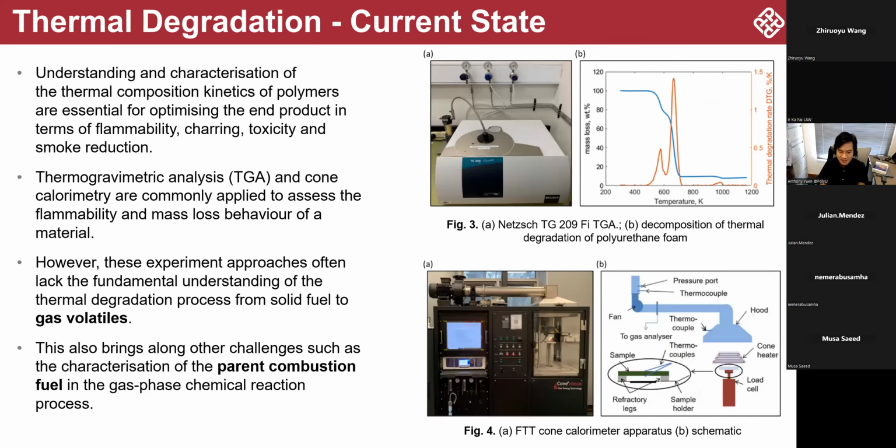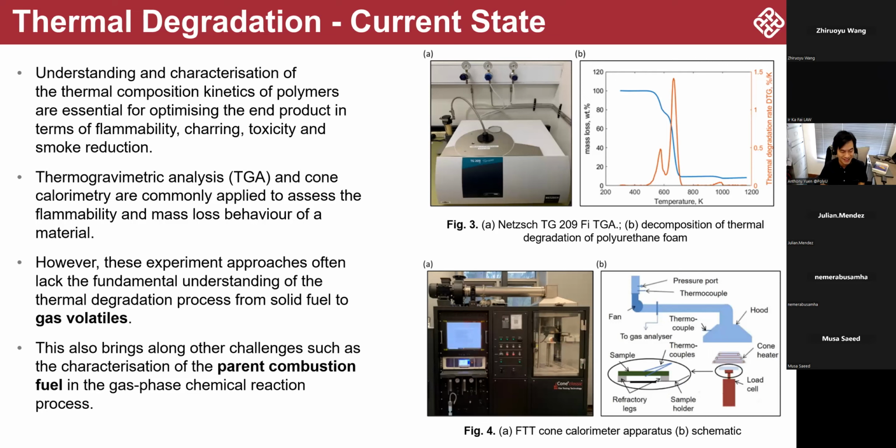So in the experimental method, typically, the way we characterize a material is through some benchtop equipment. For example, you have your thermogravimetric analysis tests to get the mass loss rate of the material. And I believe that this equipment is all available at UQ.